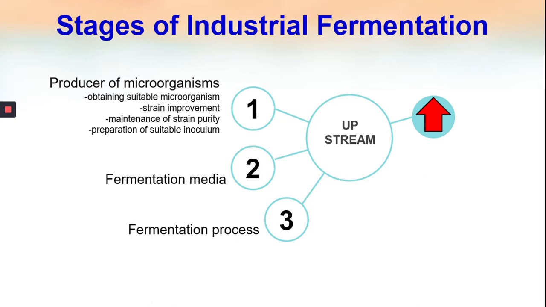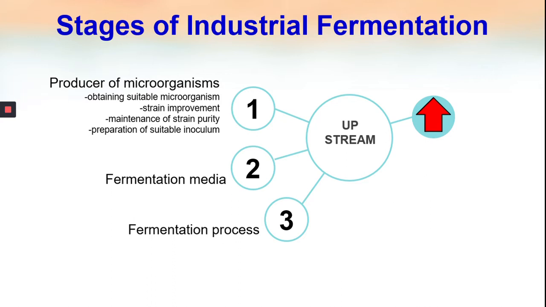These are the upstream procedures that you must do before you can start the fermentation. Besides that, the sterilization of equipment also belongs under the upstream process. After all the upstream processes have been completed, we can transfer the medium together with the pure strain culture into the fermenter or bioreactor tank, and we can start the process of fermentation.